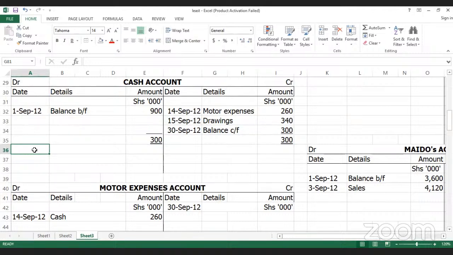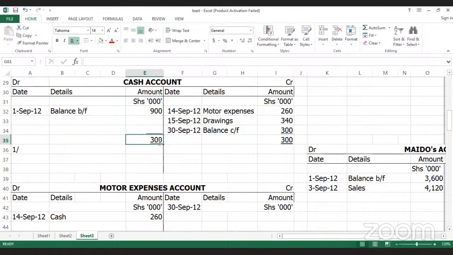So we have inserted the balancing figure in the account, but I've told you that now we have to enter that balance on the line below the totals of the opposite side. So this balance carried forward, we have to enter it on the line below the totals of the opposite side, the balance shown above the total. The total is 900, then the 300 is the balancing figure.